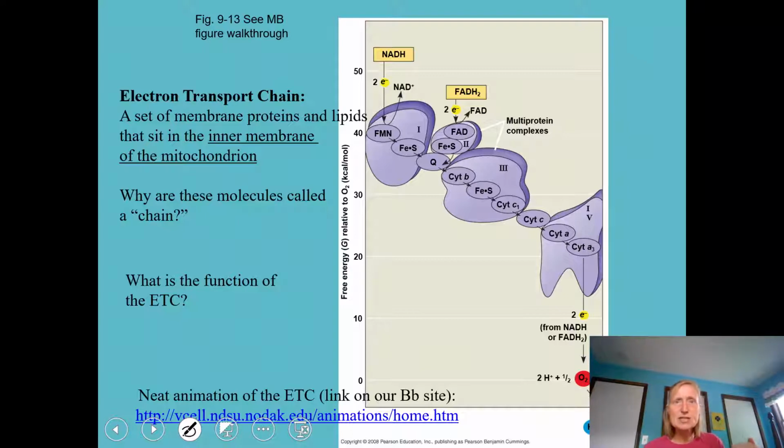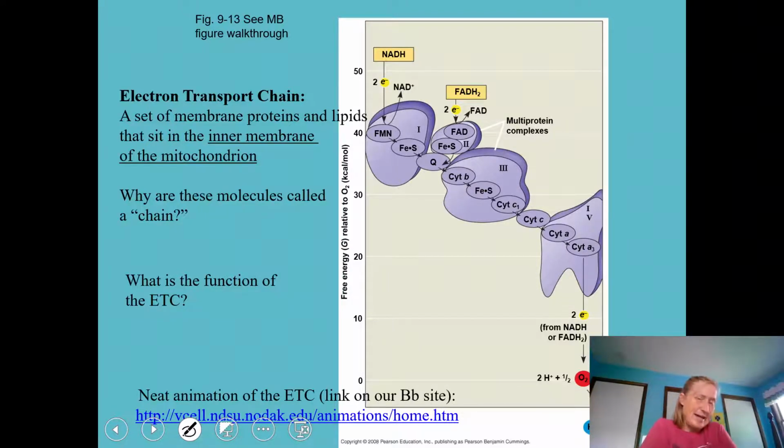In other words, each member in this electron transport chain has the ability to participate in redox reactions. They can pick up electrons and they can donate them. They can become reduced and they can become oxidized.